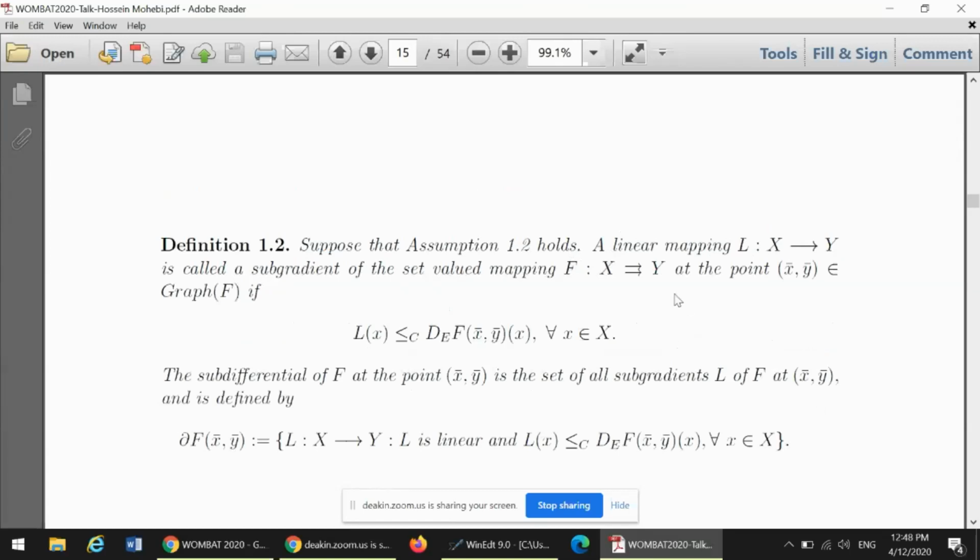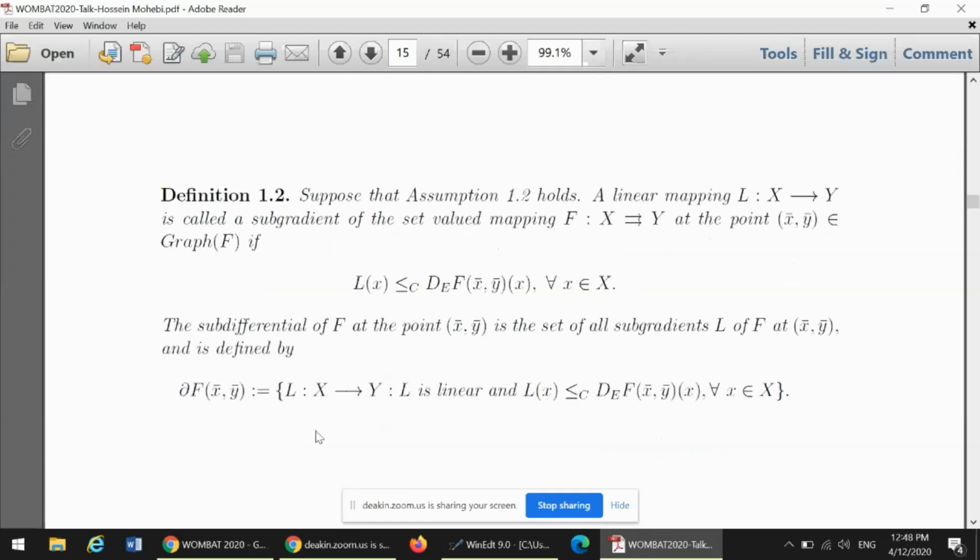We define the subgradient for a set-valued mapping. A linear mapping L from X to Y is called a subgradient of the set-valued mapping F at a point x bar and y bar in graph of F if this inequality holds. The set of all subgradients of F is called the subdifferential of F and defined by this set.